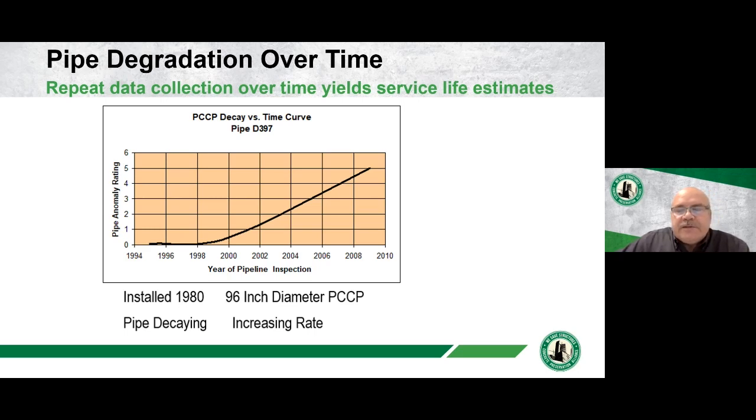Now, pipes do degrade over time. And the way we can know that is when we're evaluating the same pipe section over two different periods of time. Once we have 2 or 3 different data points over 2 or 3 years in between, we start to see the changes in the pipe and can start to predict the service life or deterioration curve relative to the pipe.